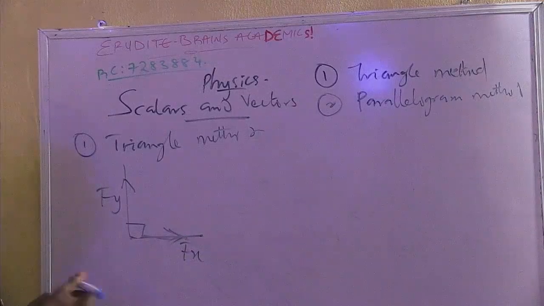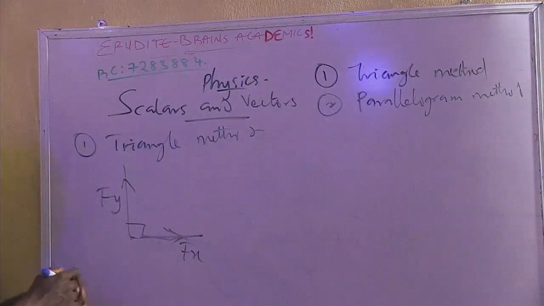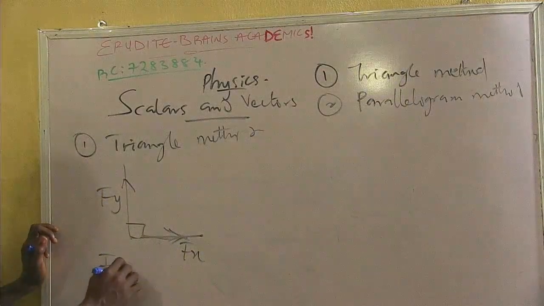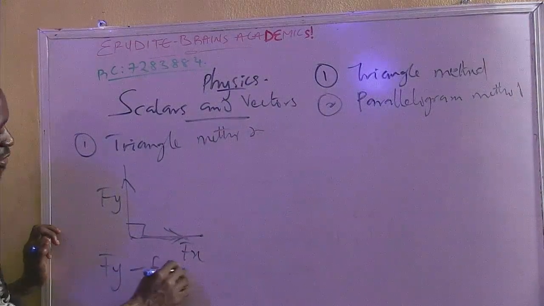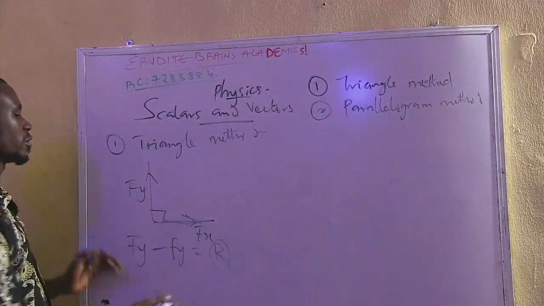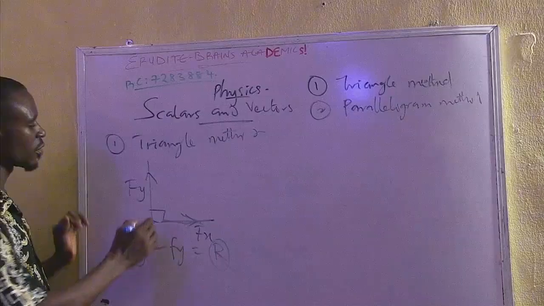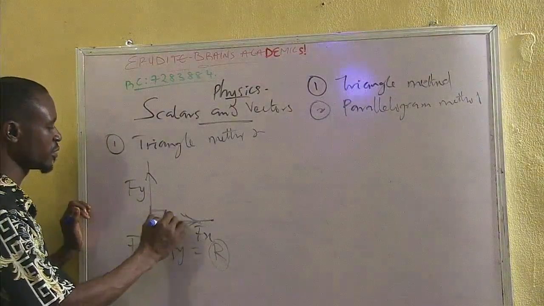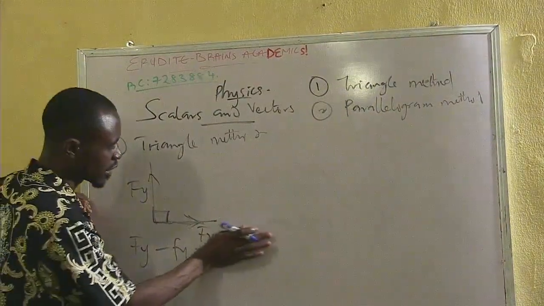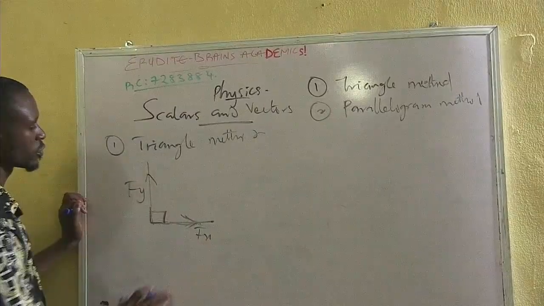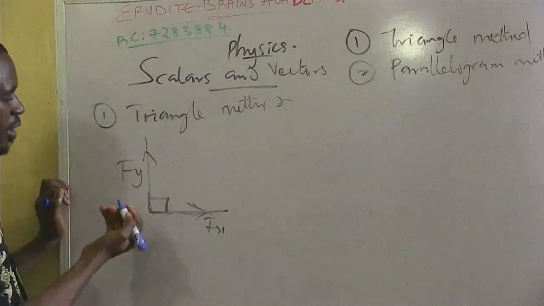Now if you look at this, you can't just say that Fy minus Fx should be your resultant. You don't get the answer because of the presence of the angle in between them. So before you can solve this, you are going to use what we call Pythagoras theorem.